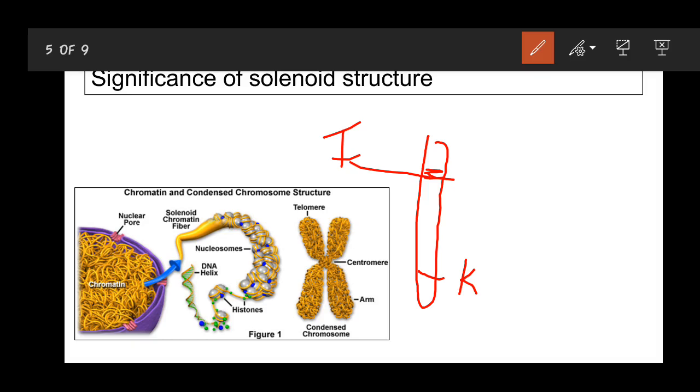In the hair follicle cell, what happens is, inside the hair follicle cells there are some other factors or enzymes inside the cell or inside the nucleus which will modify the solenoidal structure. Modify in the sense that it will modify the particular gene which is going to be expressed in that particular cell.